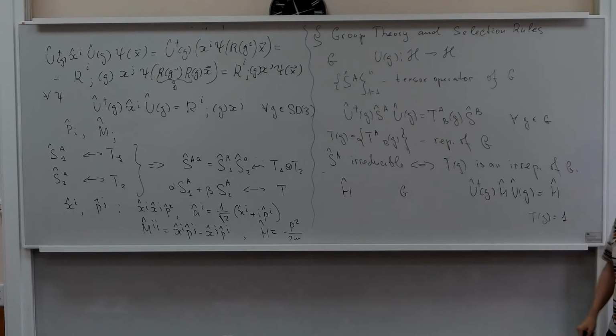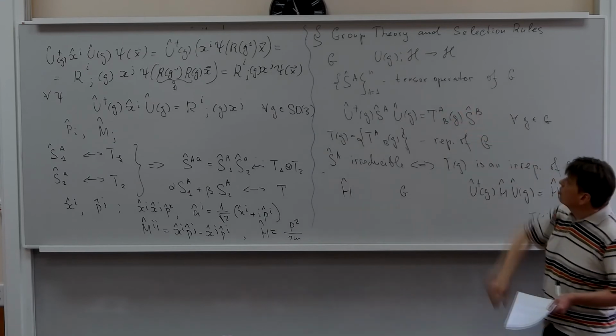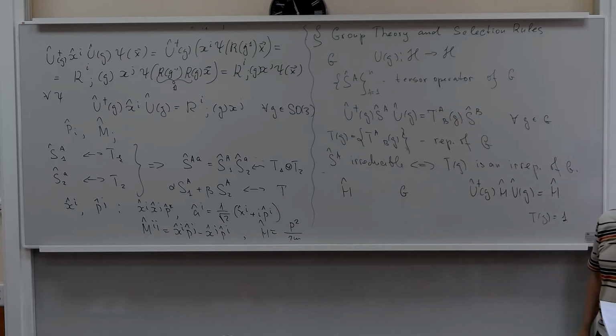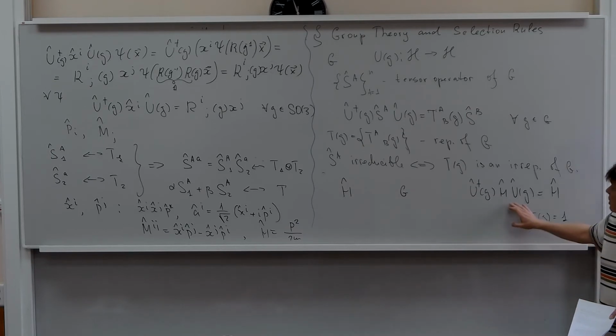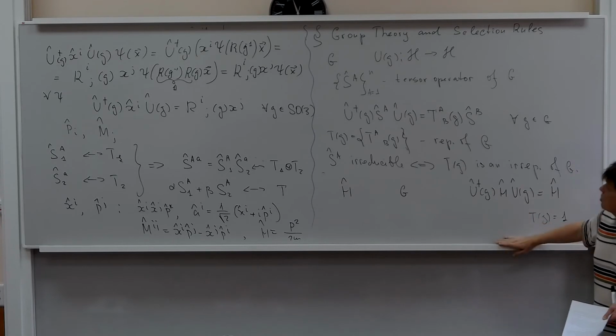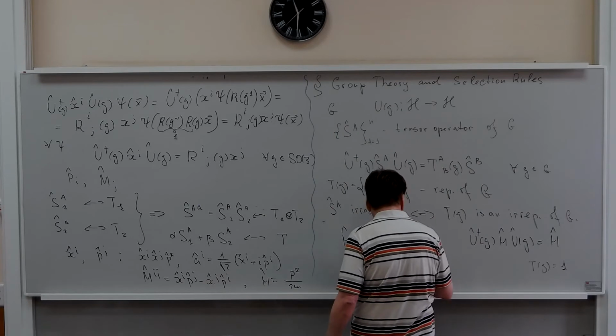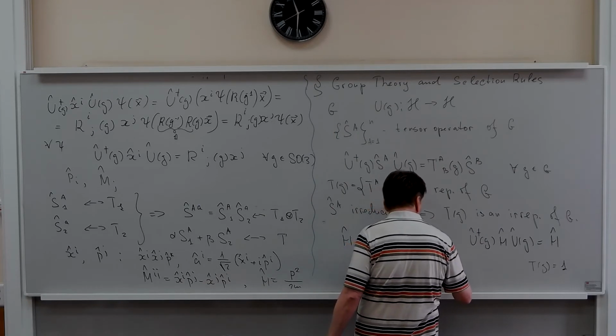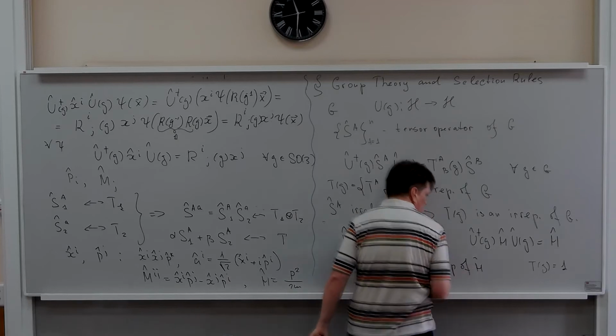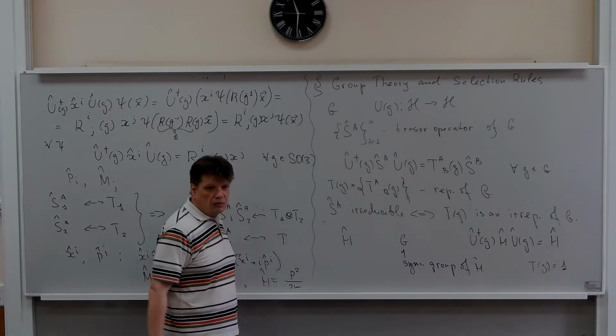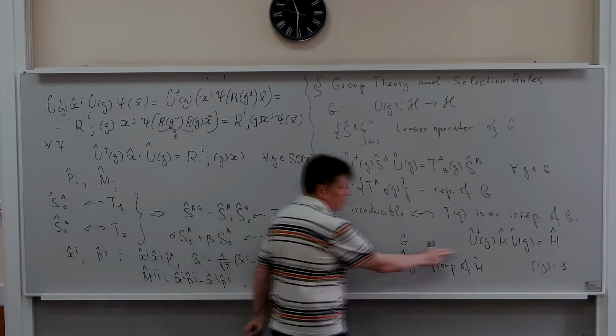Here we define U as a unitary transformation. This is the definition of symmetry. Here G is an arbitrary group, but now G is a symmetry group of H, and for a symmetry group we have another definition.